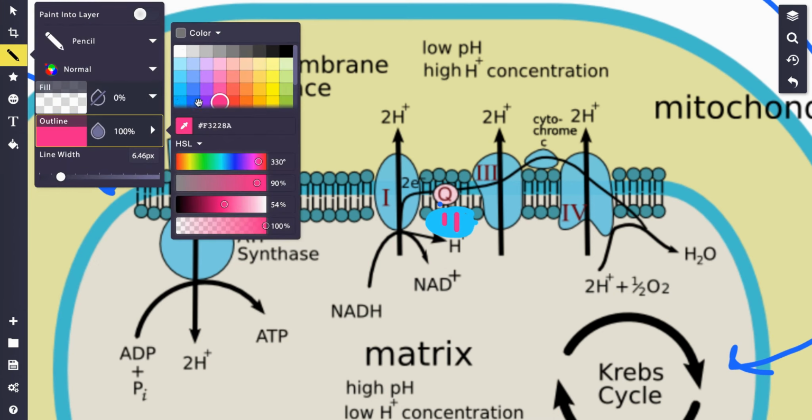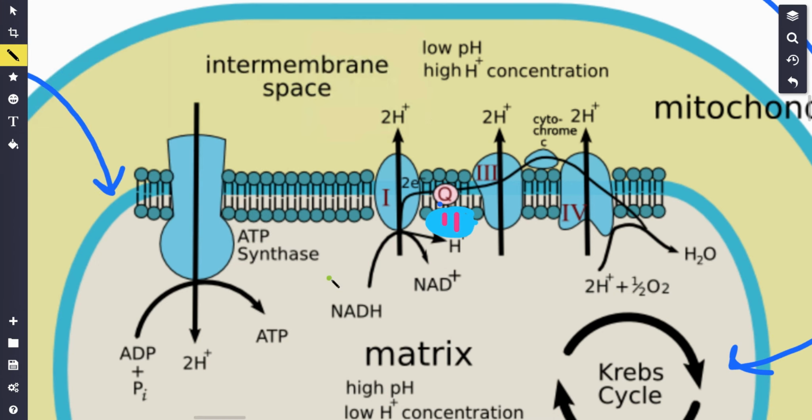All right. Now take a look at what happens. These 2 electrons are going to move from area 1, which we also call complex 1. These electrons are going to go through these different complexes, and as a result, this is going to release energy.